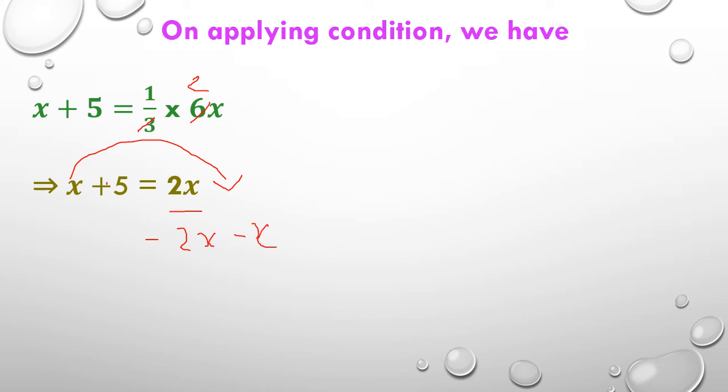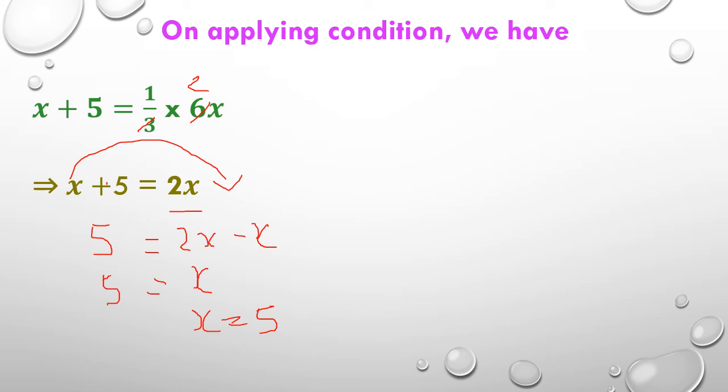And here we have 5. You can rearrange it also. You can write this 2x minus x is equal to x, is equal to 5, and you can even rearrange this. You can write x is equal to 5.